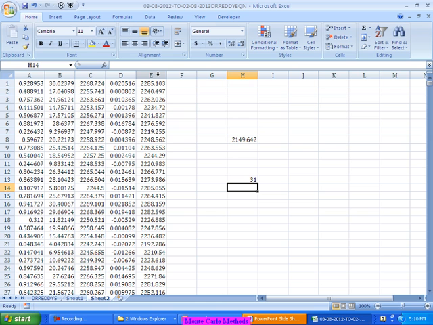Okay, 31 out of the 1,000 are less than 2188. So what is the conclusion? There is a 3.1% chance that your per day loss can be more than 50 bucks. This is the conclusion which I want to make using this simulation.